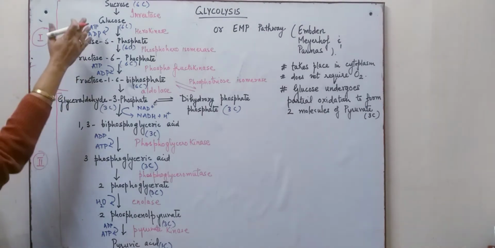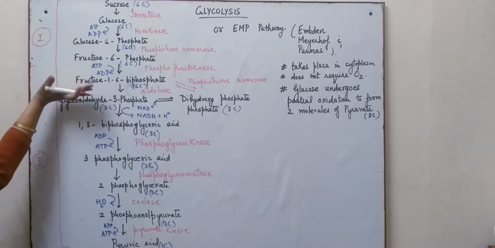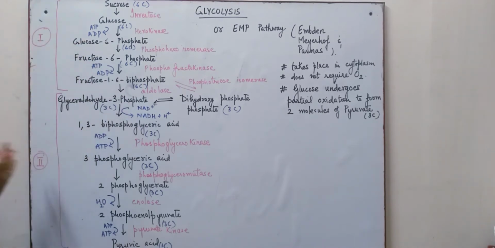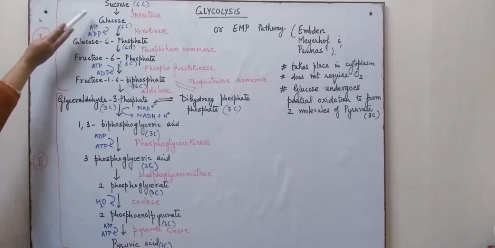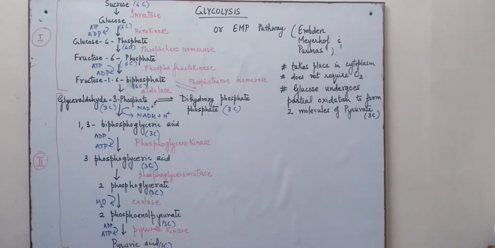So the process of glycolysis or EMP pathway has been broadly divided into two phases, that is phase 1 and phase 2. Now, the process starts with the conversion of sucrose first, which is a product of photosynthesis. So, the sucrose is first converted into glucose.